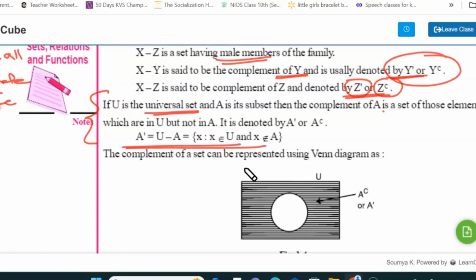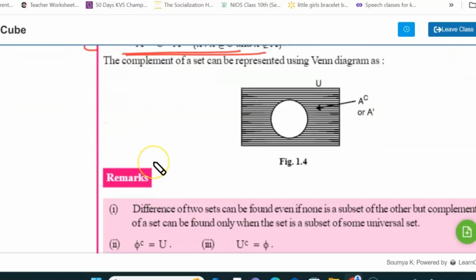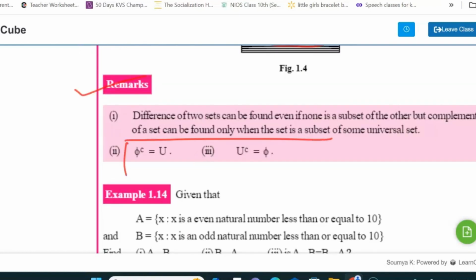This is the representation of a complement, and if you see a Venn diagram, it will be like this. If you want to find the complement of this set A, it will be everything other than the set A. This portion is included outside of this set. This can be noted.